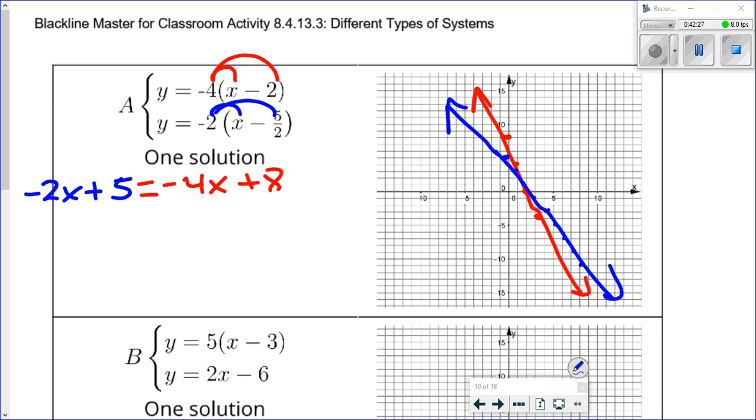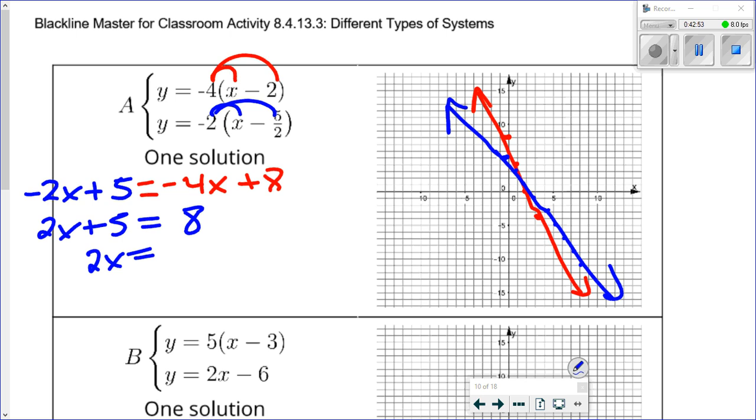So if I go ahead and bring my -4x over and I add 4x, -2x plus 4x gives me 2x plus 5 equals 8. I'm going to bring my 5 over to the right and subtract it from 8. I'm just not showing all my steps right now since I'm trying to do this a little quicker to match up with your graph.